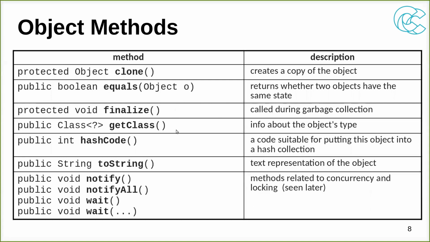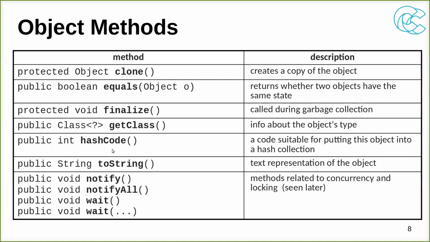And the next one is called getClass. This returns the type of the class, the type of the object, right? So for example, if you say Cat c, you can say c.getClass. getClass always returns the type of this object, right? So it will say it's a cat. All right, so that's the point of getClass. And the next one is hashCode.